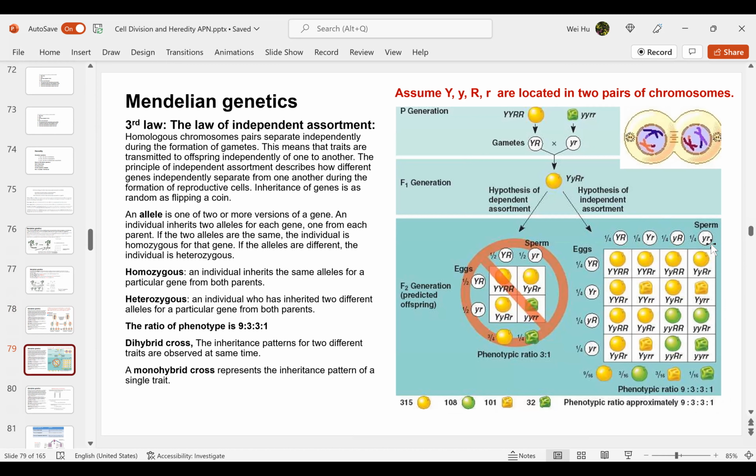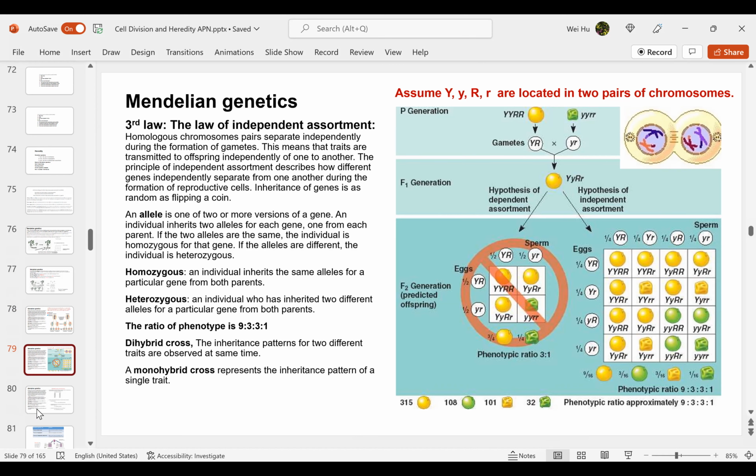So you have 4 different sperm. You also have 4 different eggs. Then you can cross them, do a Punnett square. Then you get a lot of different combinations. But the phenotype ratio is 9:3:3:1.